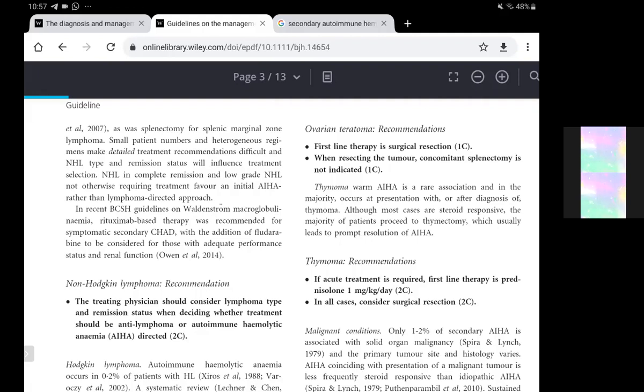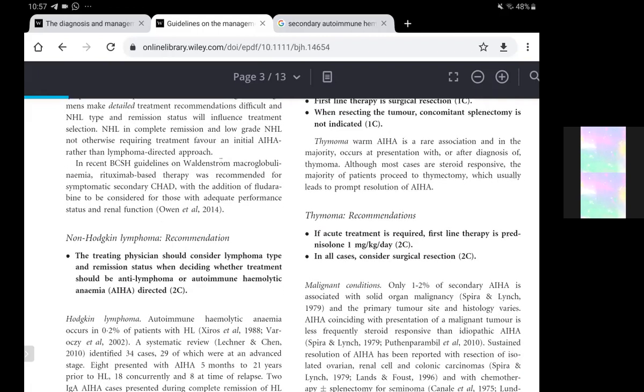And when resecting the tumor, concurrent splenectomy is not indicated. So either you go with the steroids and splenectomy, or if you have done the surgical resection, then splenectomy is not indicated, because mostly it is associated with these ovarian teratomas. And also with thymomas, if acute treatment is required, then first line therapy is prednisolone 1 milligram per kg per day, and then go on for surgical resection.